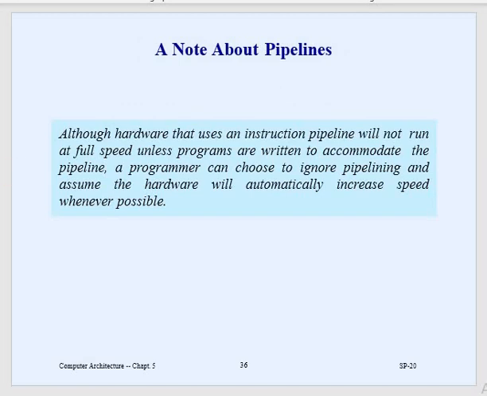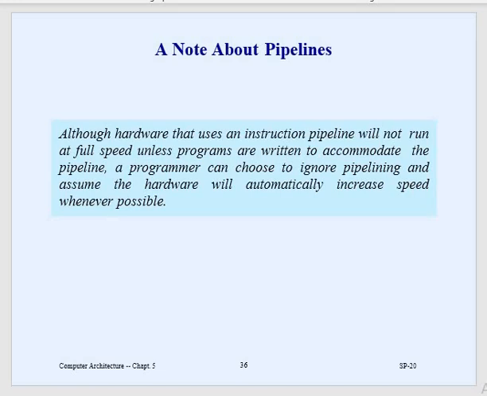A note about pipeline: although hardware that uses an instruction pipeline will not run at full speed unless programs are written to accommodate the pipeline, a programmer can choose to ignore pipelining and assume the hardware will automatically increase speed whenever possible. So mostly the hardware of computers is so sophisticated nowadays that it takes care of it itself, and doesn't require code for it.